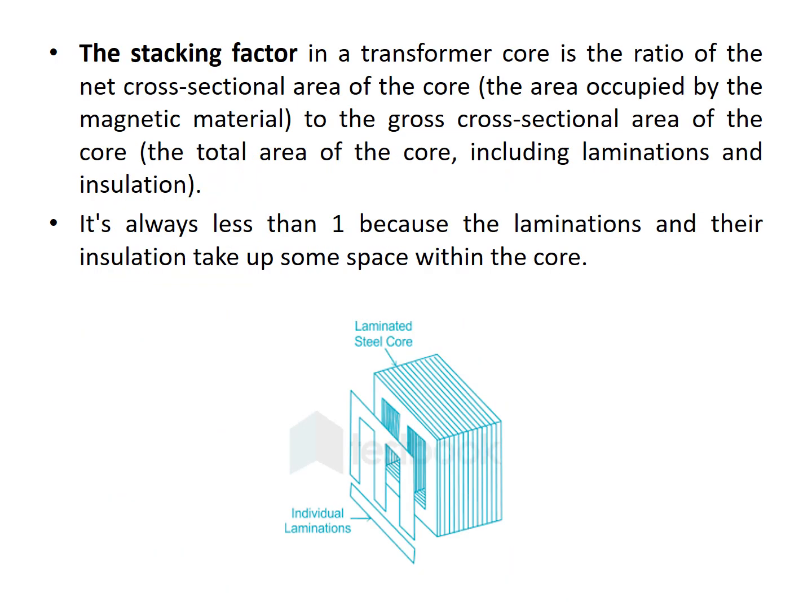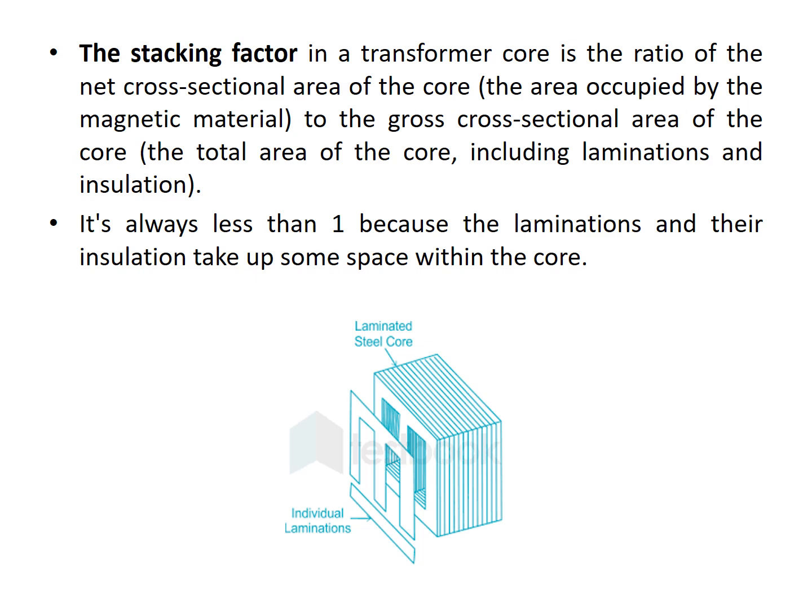Another very important definition is the stacking factor. The stacking factor in a transformer core is the ratio of the net cross-sectional area of the core, or the area occupied by the magnetic material, to the gross cross-sectional area of the core, or the total area of the core including laminations and the insulation.